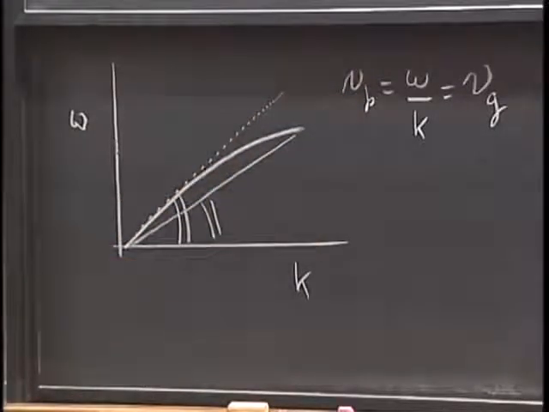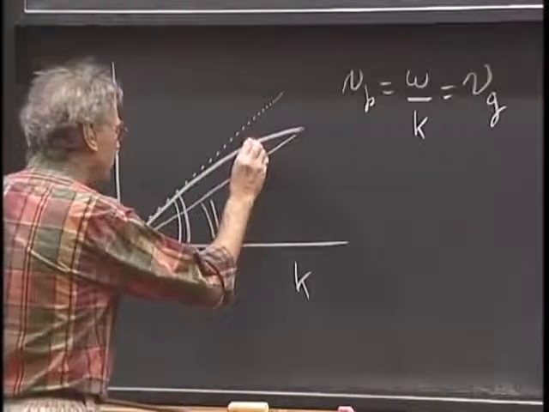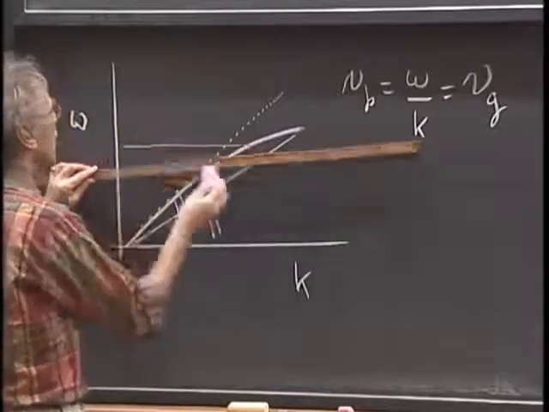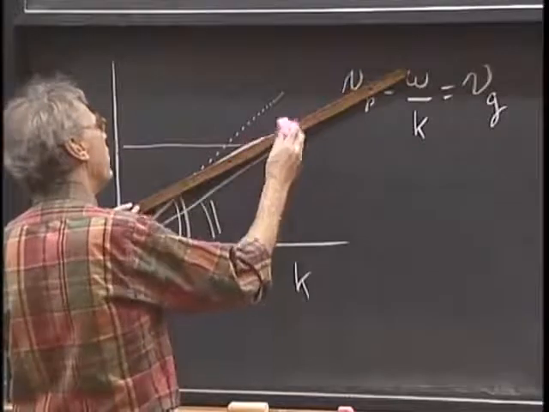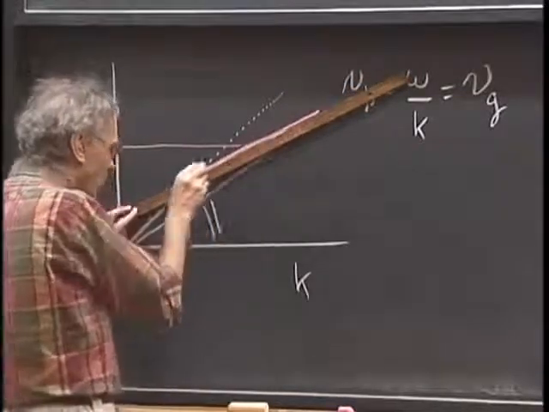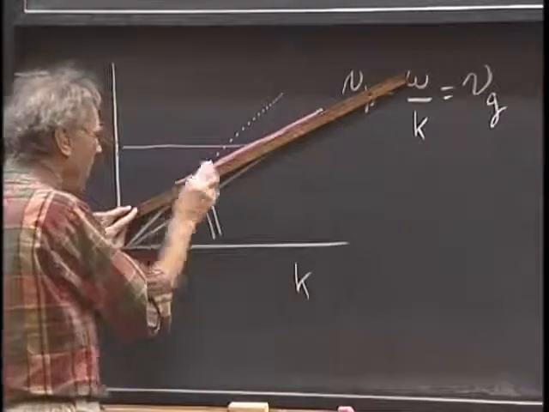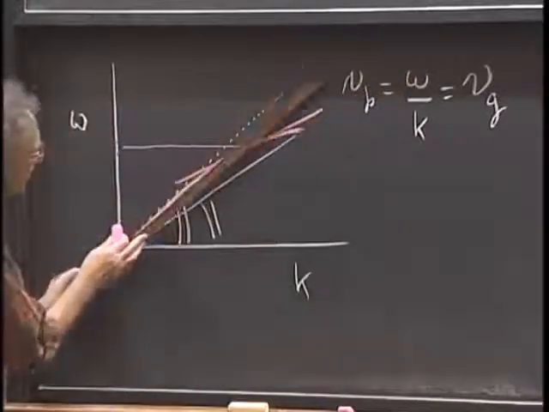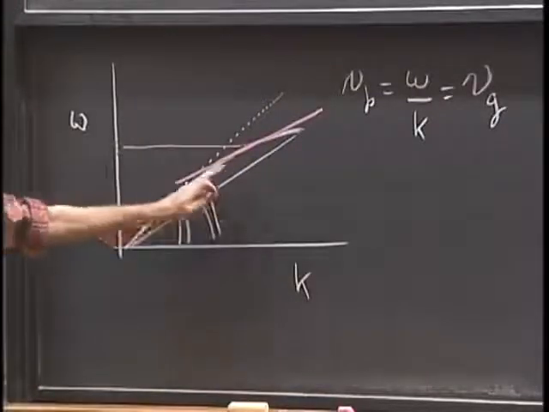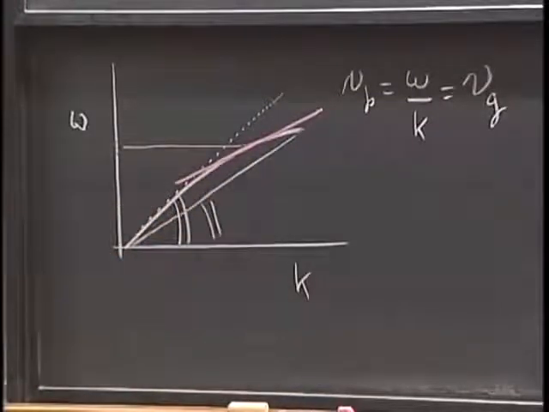But the group velocity is also dependent now on frequency. For instance, right at this frequency here, the group velocity is given by the slope, the d omega dk. And that group velocity has a different angle, a different slope, than this slope. And so you see that for all these points here, the group velocity is different from the phase velocity.